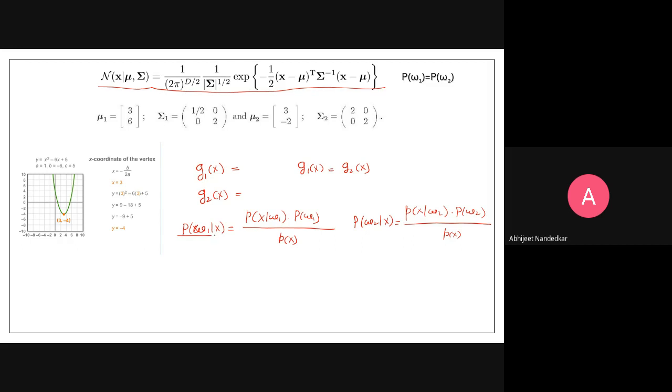Now we are declaring these two posteriors as suppose G1x and G2x. You will get the boundary whenever you equate these two discriminant functions. Okay, so I am going to equate these two now.